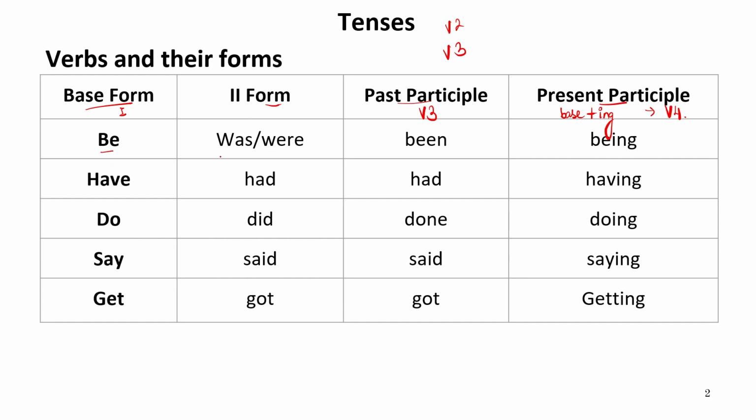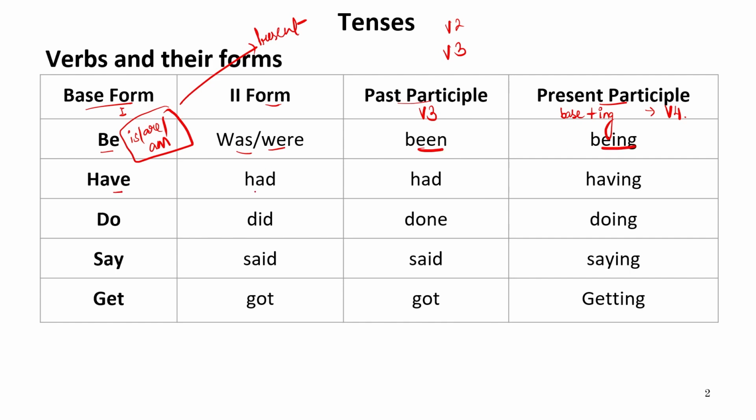First we have be. The second form of it is was and were, whereas present forms of be are is, are and am. Now we have been. This is verb third form. Then being, that is verb fourth form.